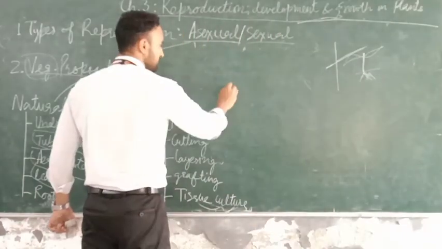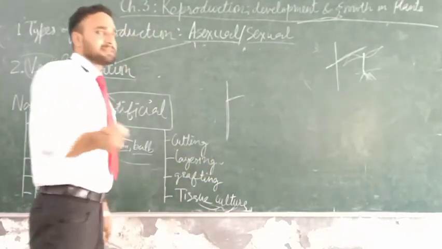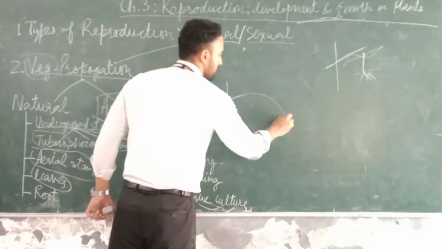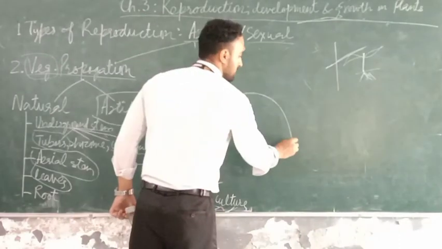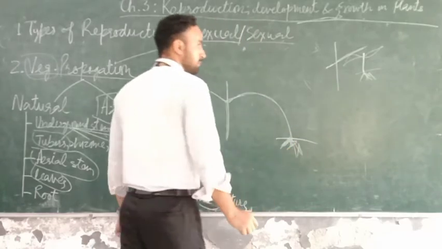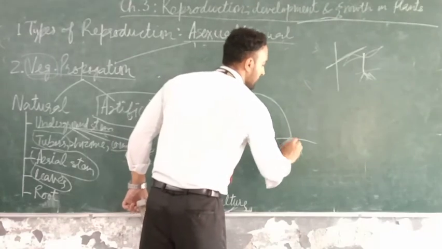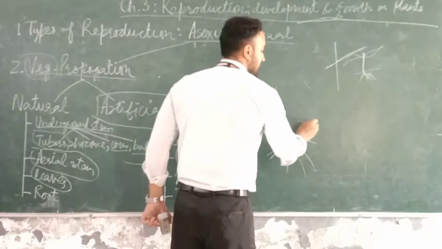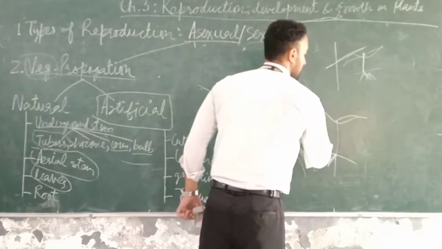In layering, as in the example of the lemon, one of the branches is lowered towards the soil, towards the ground, and covered with soil here. After some time, new roots are developed here. And this branch is cut from the parent plant. As a result, this plant is capable of growing individually.